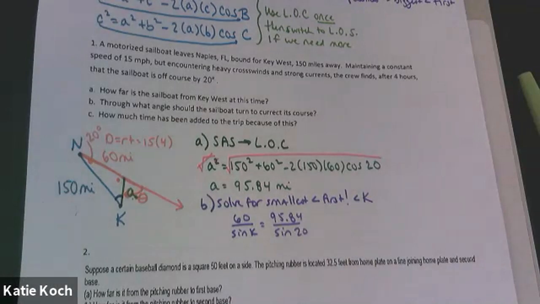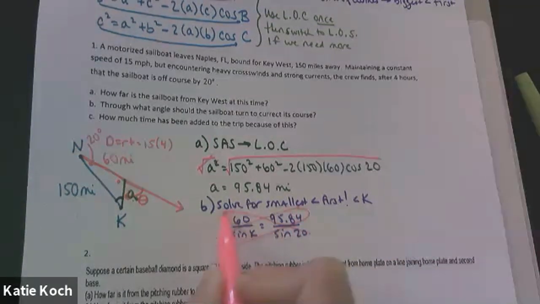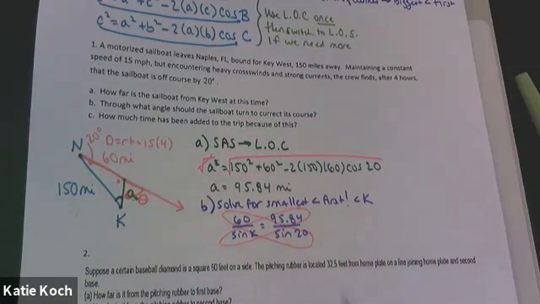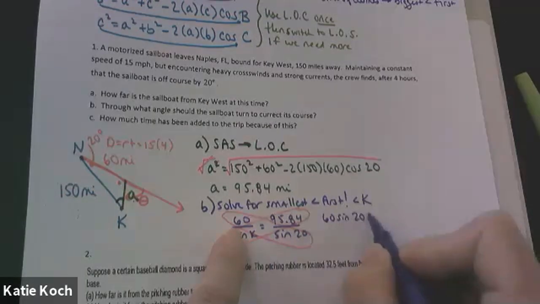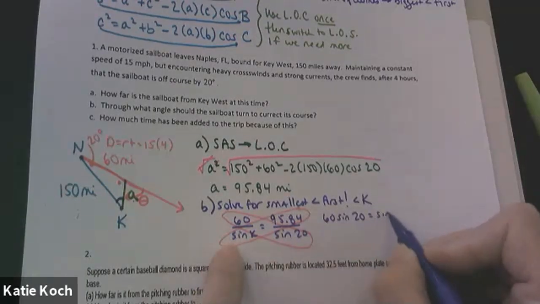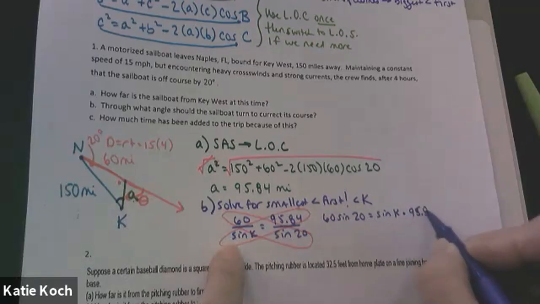All right, let's talk about solving this on the calculator. I'm going to cross multiply. So watch what happens. I get 60 times the sine of 20 equals the sine of K times 95.84.